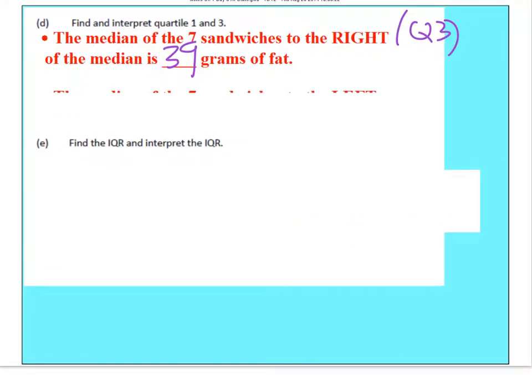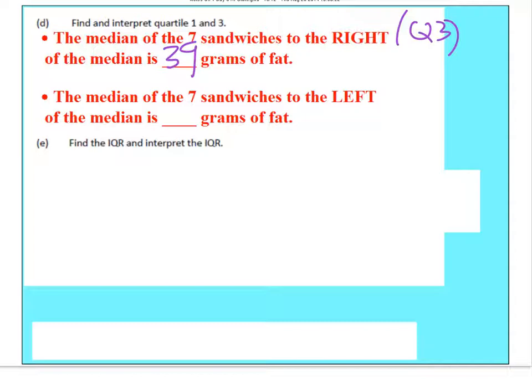The other part of this definition, therefore, would be that the median of the 7 sandwiches to the left, which is going to be quartile 1, in this case had 19 grams of fat. Now another way you could say it, for interpreting quartile 3, is that the top 25% of burgers had 39 grams of fat or more. The bottom 25% of the burgers had 19 grams of fat or less.